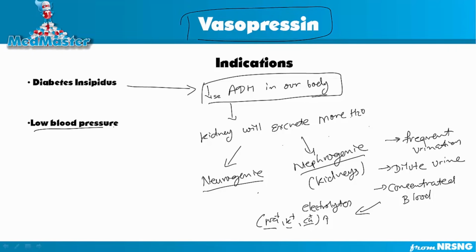Now, we also give this one for low blood pressure, and you'll often see vasopressin given for low blood pressure in critical care, as a drip, not as a pill or a tablet. This is a kind of temporary fix for the blood pressure until we find a real cause. So we use this for diabetes insipidus and low blood pressure mainly.